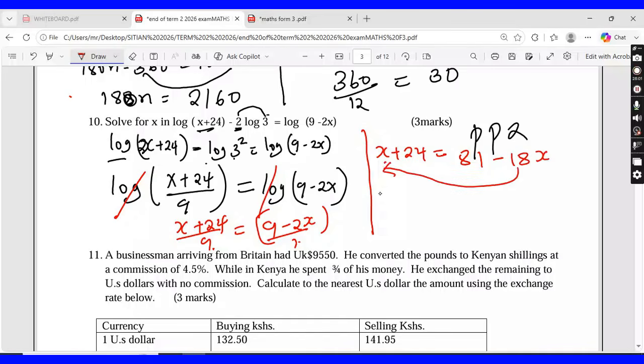So we will have x plus 18x. Hii ikifika pande itakuwa plus, itakuwa 19x is equal to 81. Hii ikienda to the right side itakuwa minus 24. So 19x is equal to 57. Now you divide by 19 both sides, and you find that x is equal to 3.